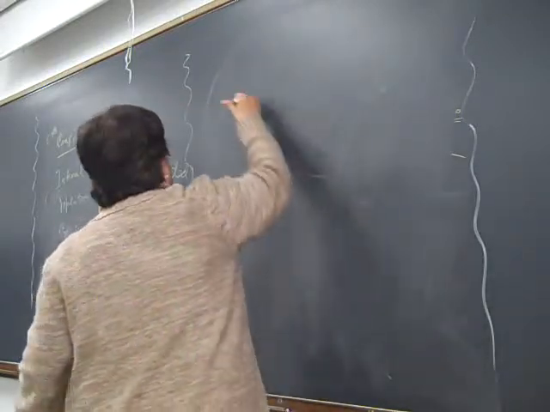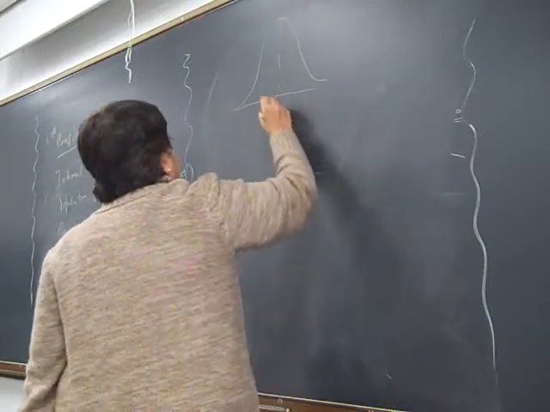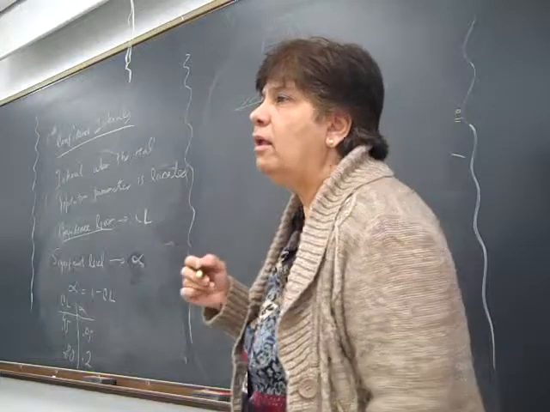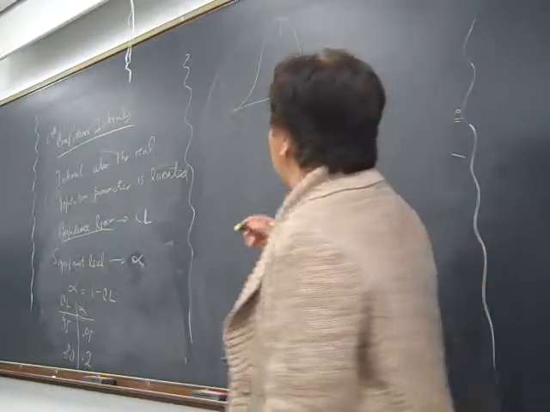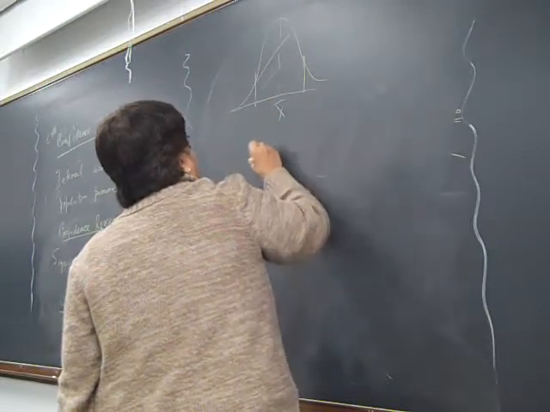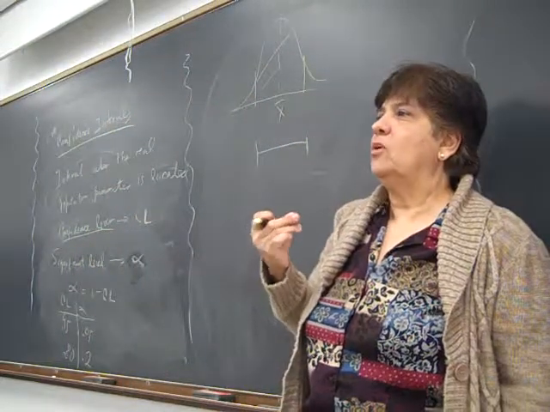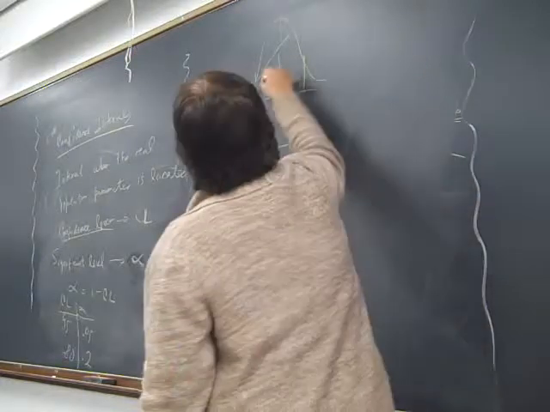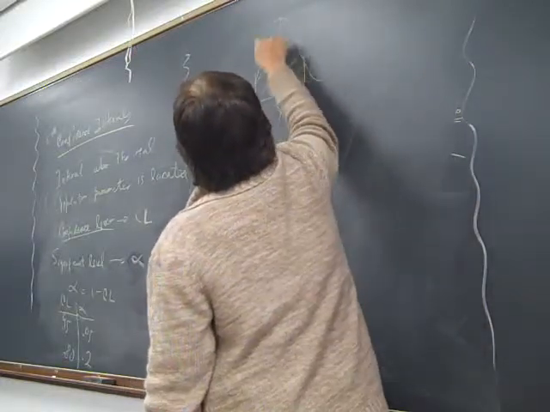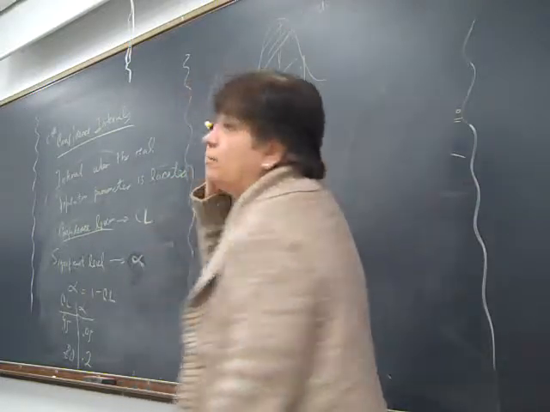So confidence level is based on the fact that, based on my X bar, okay, I have to establish an interval which is going to be how confident this interval is going to be, whatever confidence level I establish.